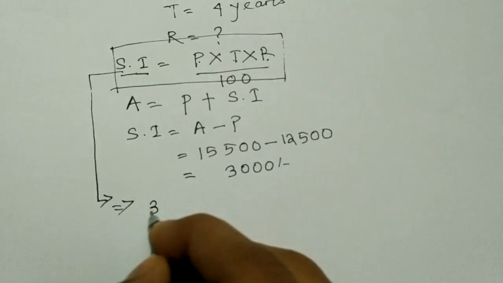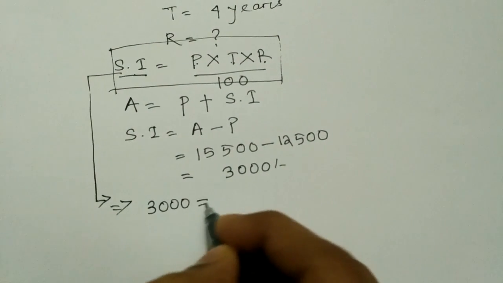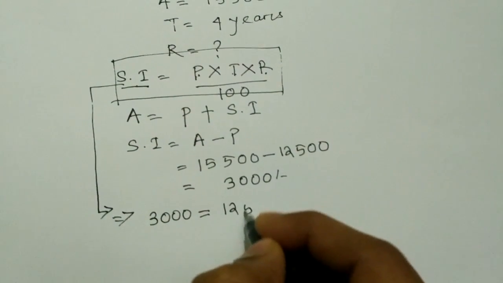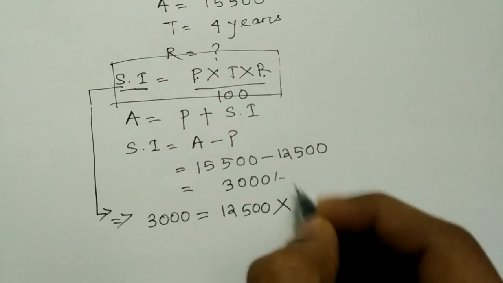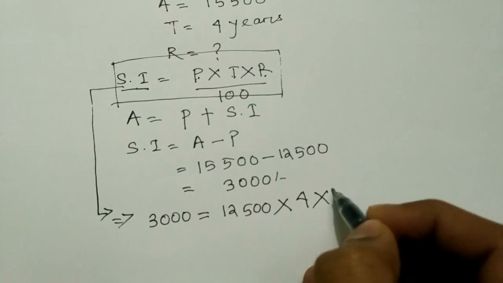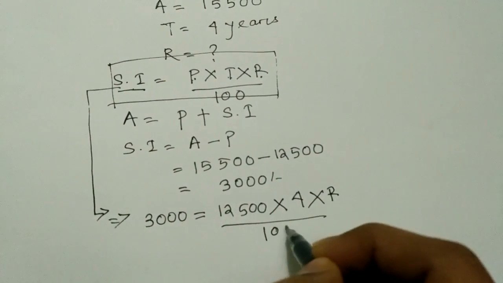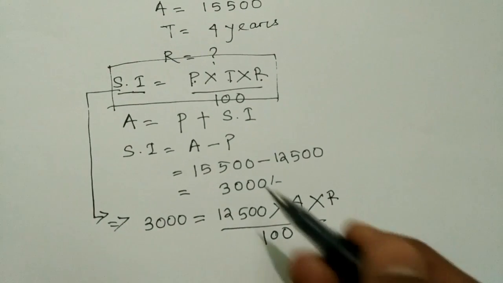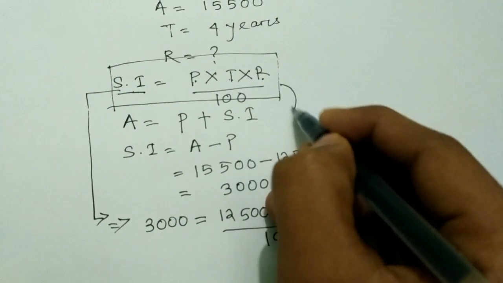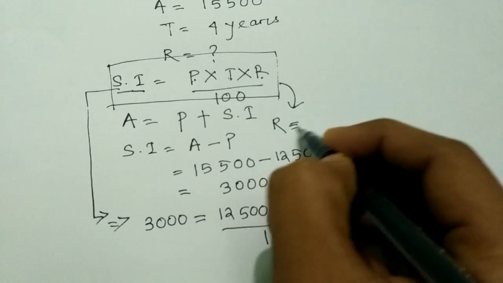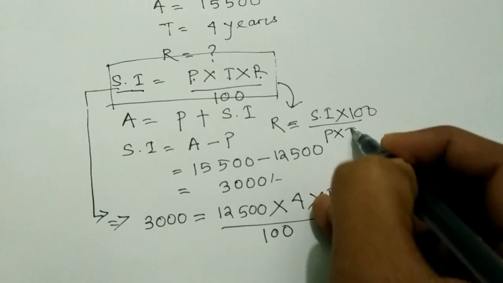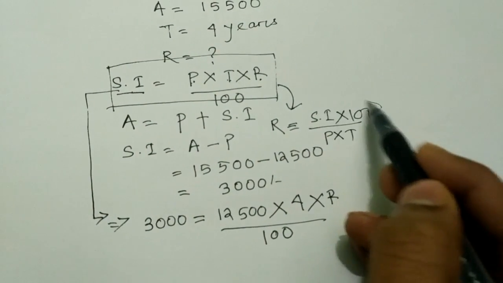Simple interest, 3,000, is equal to P, 12,500, into T, 4 years, into R. We have to find out the value of R. I have seen many students remember this formula as R equals SI into 100 divided by P into T. Friends, you don't need to remember these extra formulas.